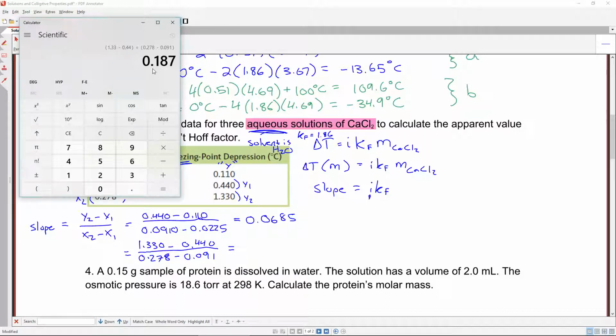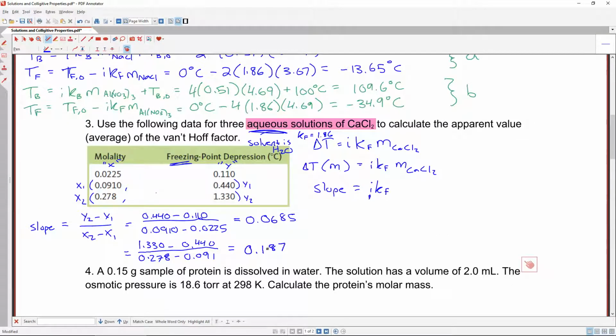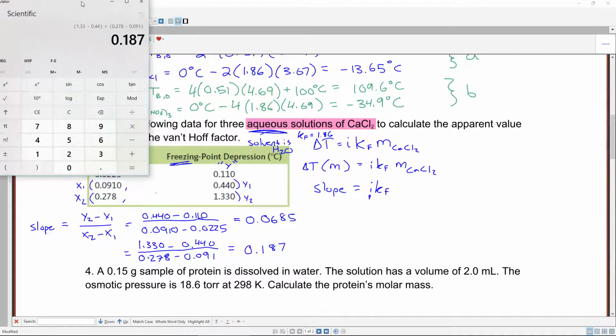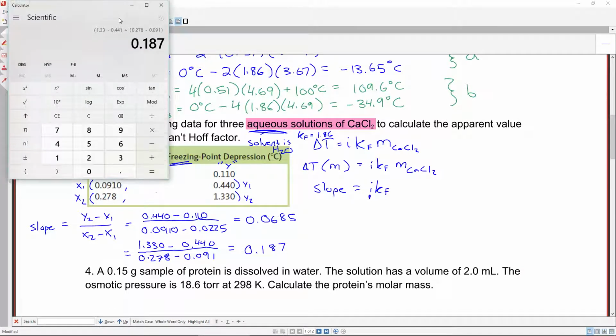Cool. Let's roll with it. So we have 0.187. Off by a factor of 3. Interesting. Wait, did I type in this right? Yes. Checking. Yes, it is. Okay, so that's our value.